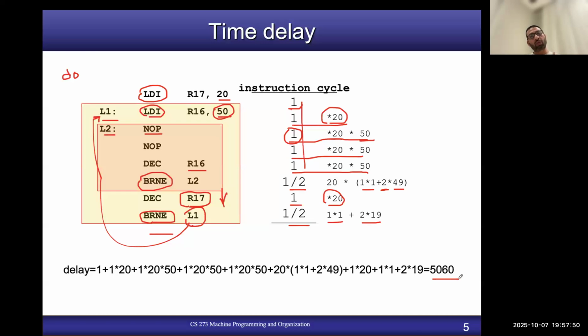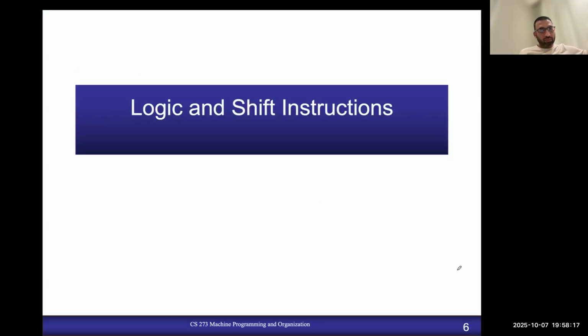And if you want to convert into seconds, you can simply, let's say your clock frequency is, I'm just making up some number, 1 megahertz. So you can divide by 1 times 10 raised to the power 6. Okay. So then you will get the result.